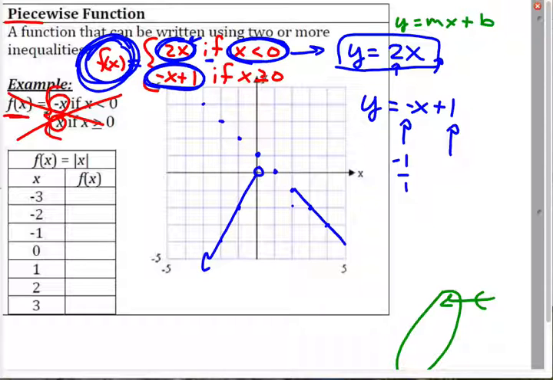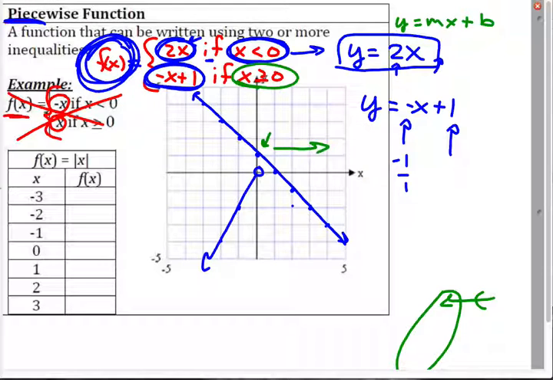So here's my line of y equals negative x plus 1. I don't want the whole thing. I just want a piece of it. Remember, we're talking about a piecewise function. We're graphing 2 or more chunks of linear equations. I only want this line when x is greater than or equal to 0. So here's 0 right here where x is equal to 0. Y is actually equal to 1 at that point.